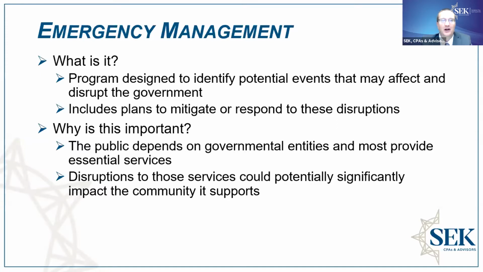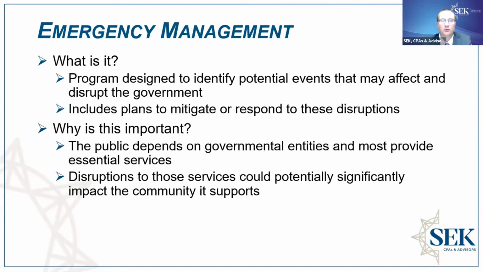Obviously, I think everybody realizes this is important, especially over the past 4 to 5 months. The public is depending on the services being provided, and a lot of those are essential services that local governments provide to constituents and individuals. Any disruptions to those could have a significant impact on the community. There's a wide array of disruptions.